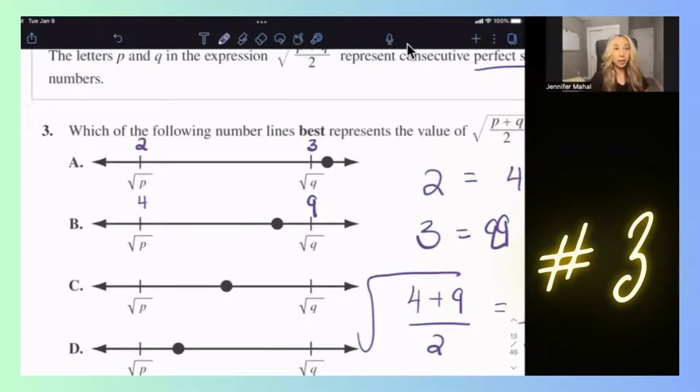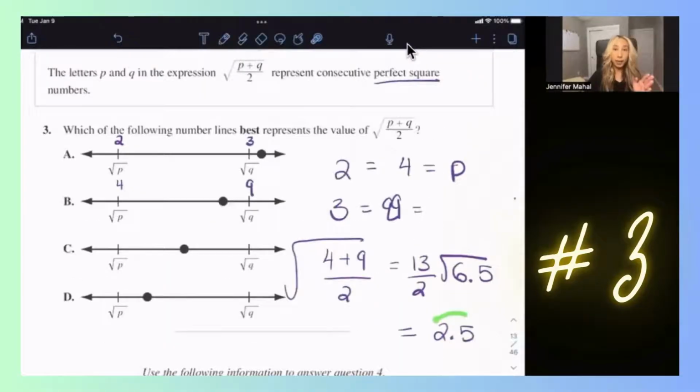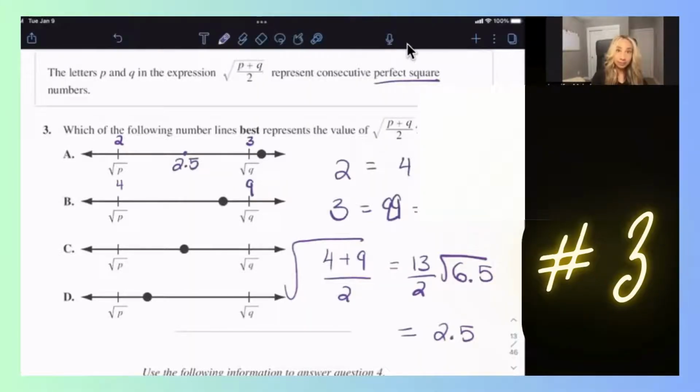So now we have to decide, where does our 2.5 fall? Well, it's going to fall right in the middle of 2 and 3. So our answer is going to be the option where the point that represents this is right in the middle. That option is going to be C.